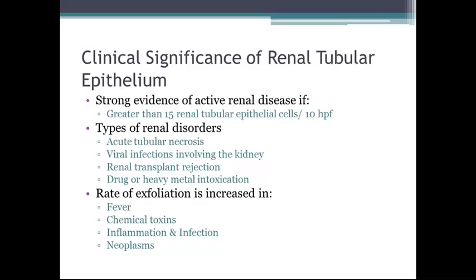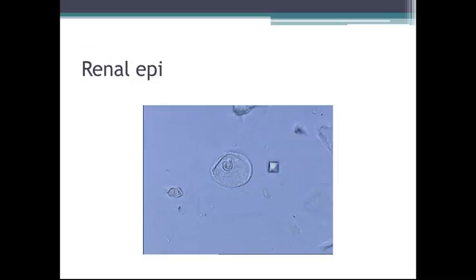The rate of exfoliation is increased in fever, chemical toxins, inflammation and infection, and cancers or neoplasms. So here's a picture of a renal epithelial cell. You'll see the one flat edge, the very distinct nucleus, which is blue-purple, and also the cytoplasm areas, all one color.